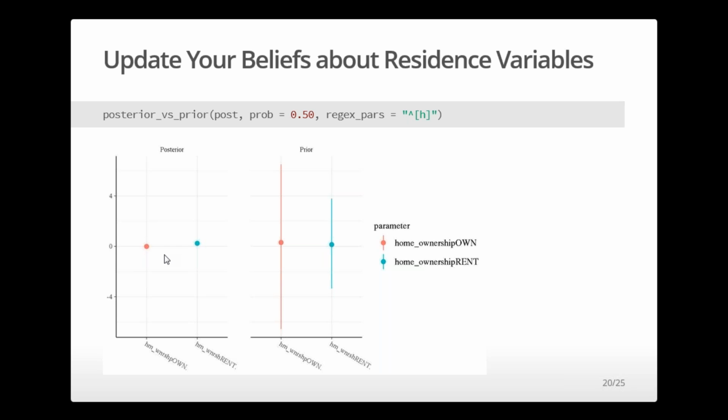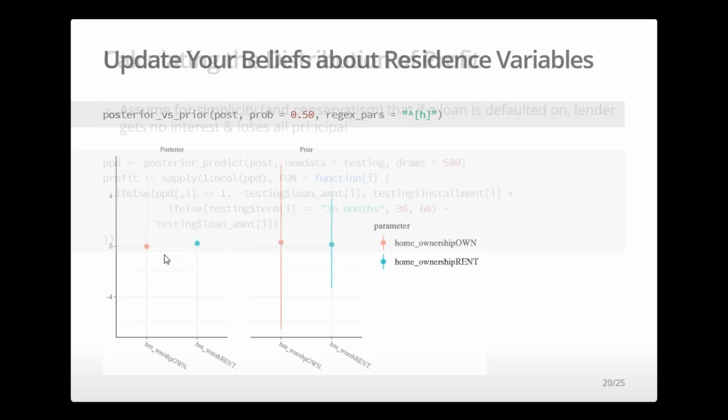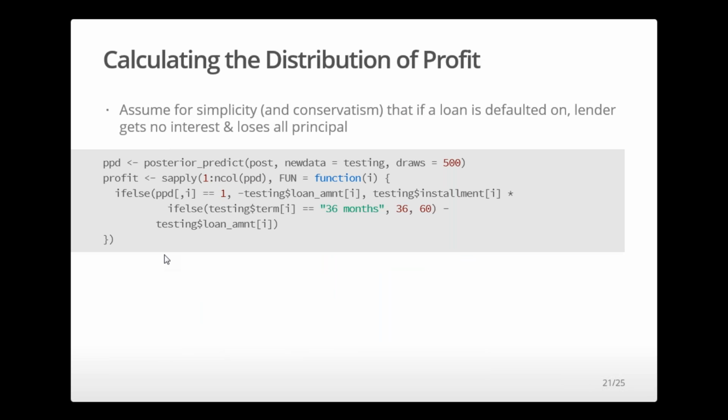So that is a good way to quantify how your beliefs have been updated. And there's also a prior_summary function that you can call that'll give you a numerical and text description of what the priors were actually used when you called one of the models that's available in the rstanarm package.